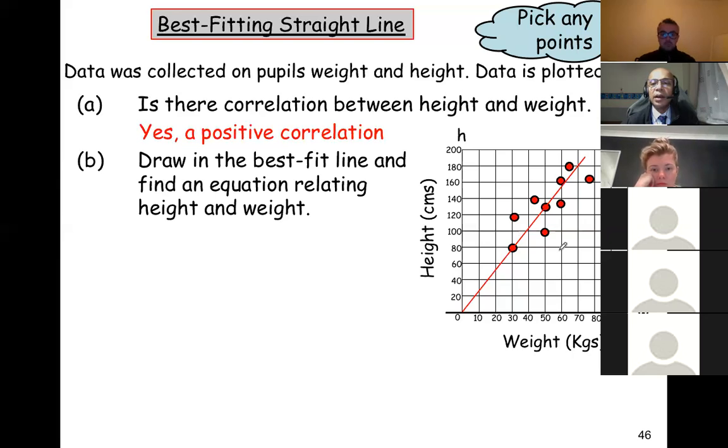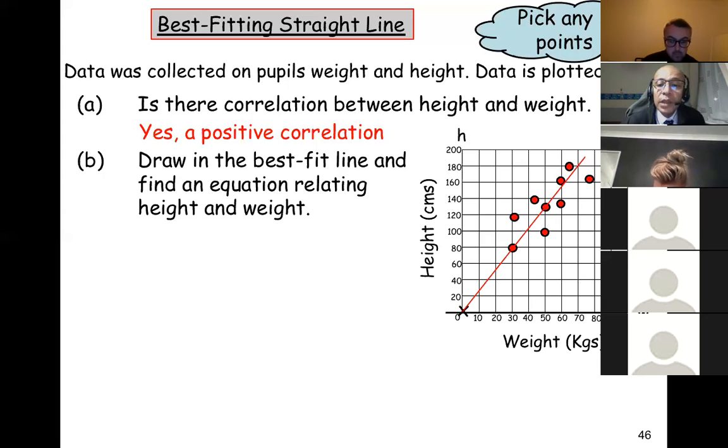Now, once you've put your line, as you can see here, it goes through a couple of points. We need to pick 2 points from that line in order to calculate the gradient. Once we've got the gradient, because we've got a gradient and a point, we should be able to write the equation of a line.